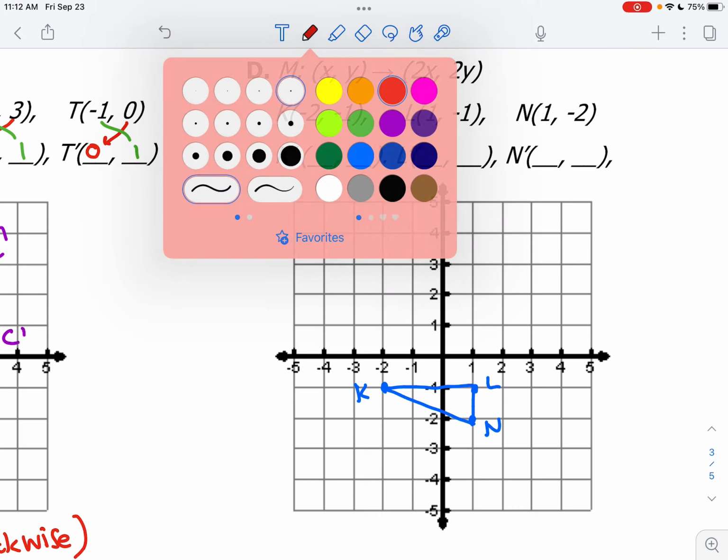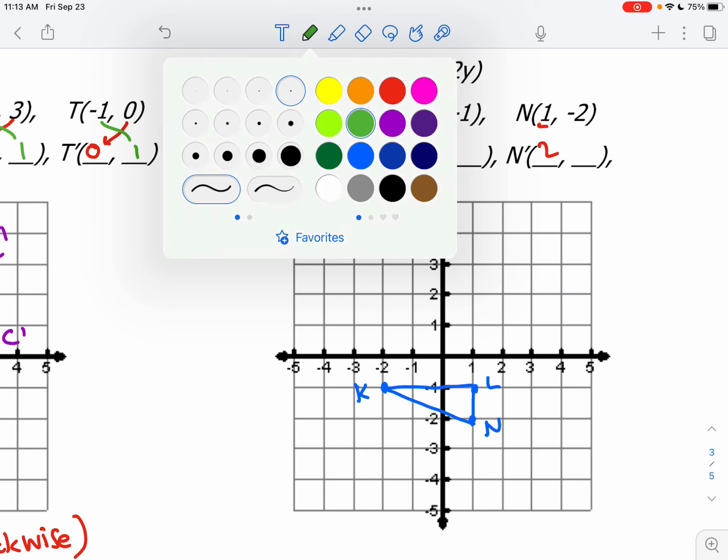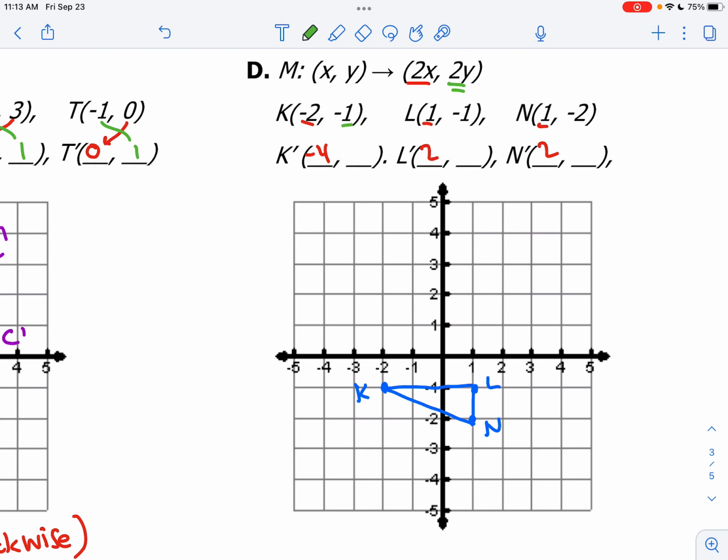All right, great. Now notice our formula, our rule here says to double the x's. I'll just underline it. So double it, and double it. And then we'll do the same thing.